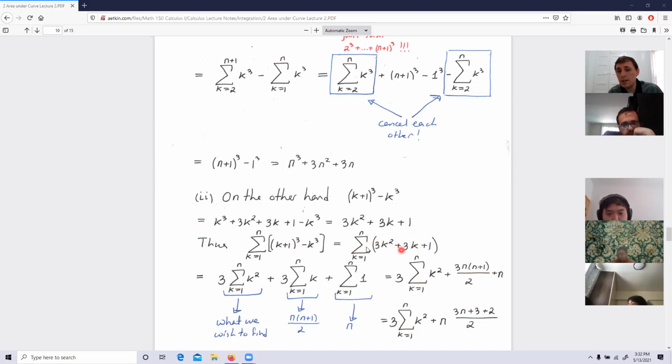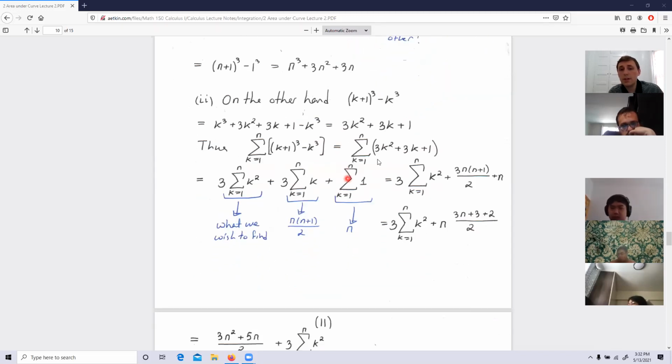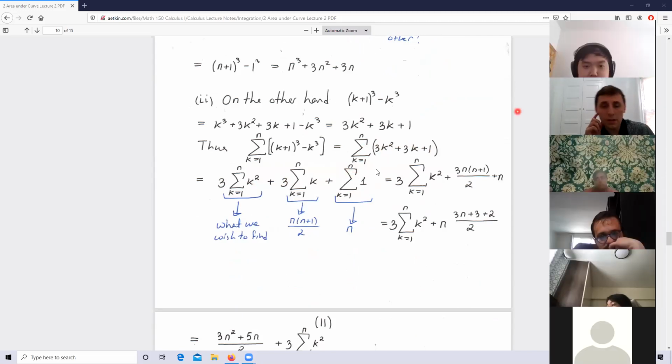So the summation of 3k squared plus 3k plus 1 equals n cubed plus 3n squared plus 3n. But what is the summation equal to, guys? It's 3 times the summation of k squared, plus 3 times the summation of k, plus the summation of 1. Before I continue, are you with me or completely lost?